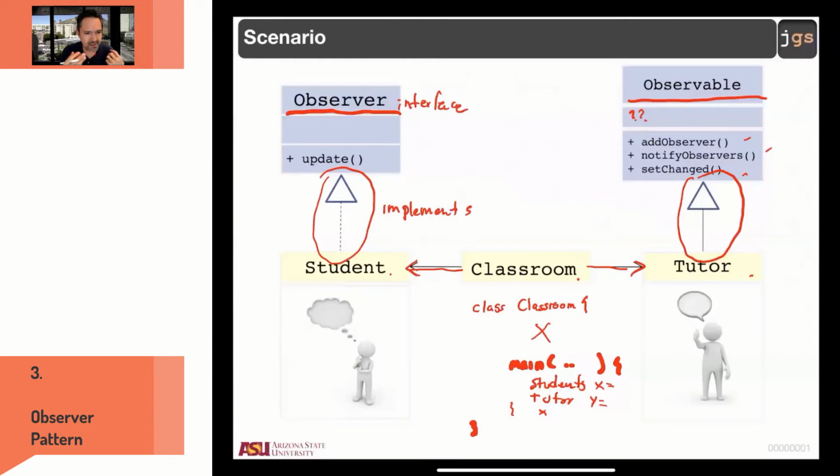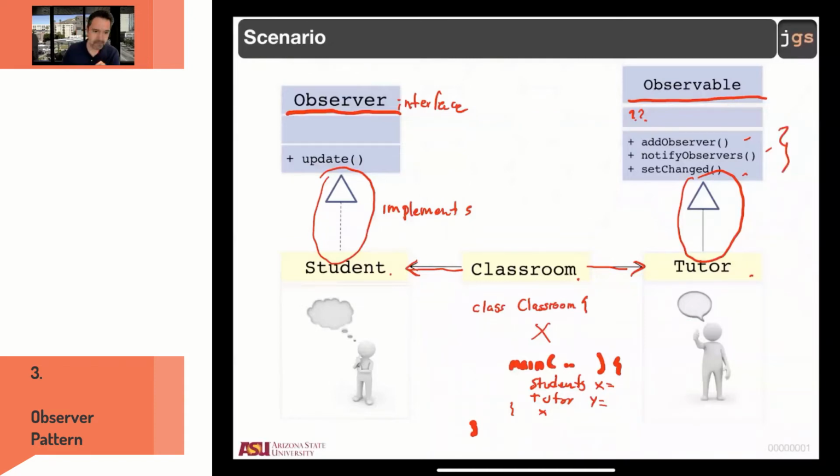I think it made more sense, add and remove what, instead of the generic names attach and detach in the original template. Moreover, Java includes this setChanged method and notifyObservers with that particular name instead of just notify.